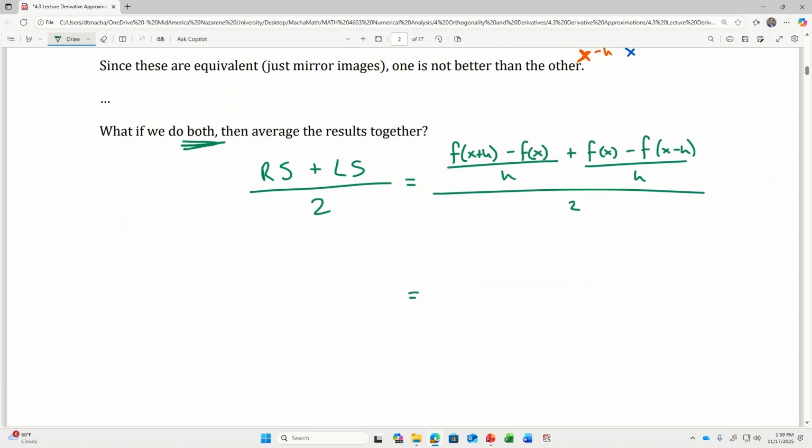And since I am adding fractions with the same denominator, that's fine, that goes away, and it's just an h. The f of x plus h stays, and the f of x minus h stays, but notice how the f of x's will cancel each other out, the negative and the positive. And so I get this.